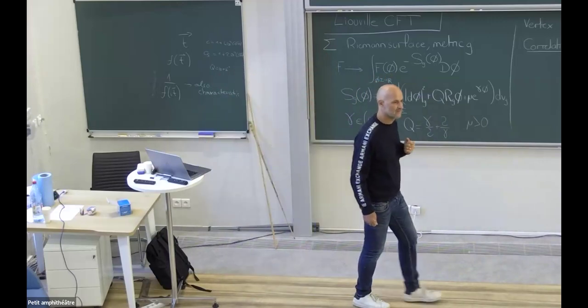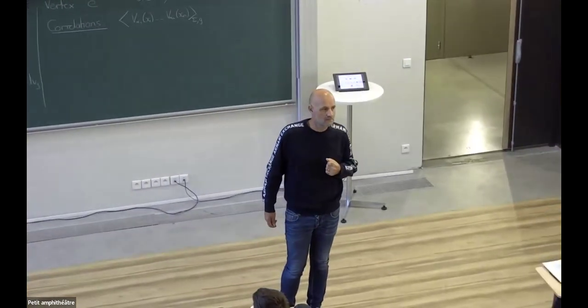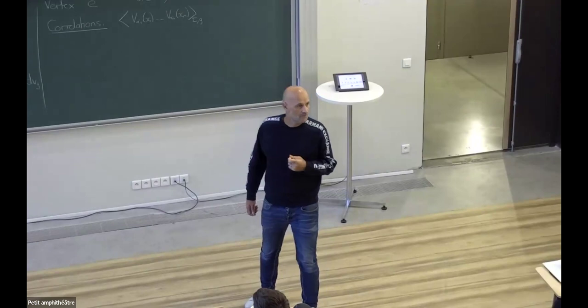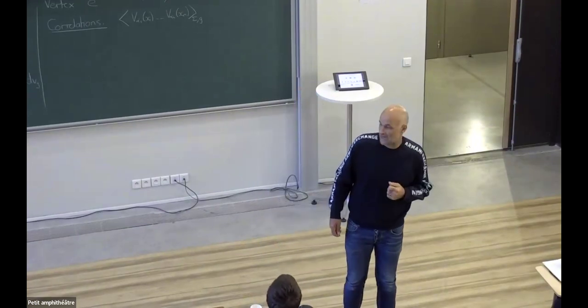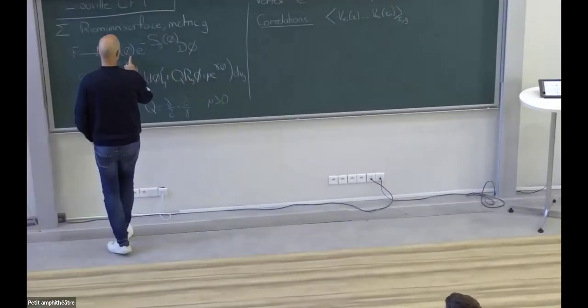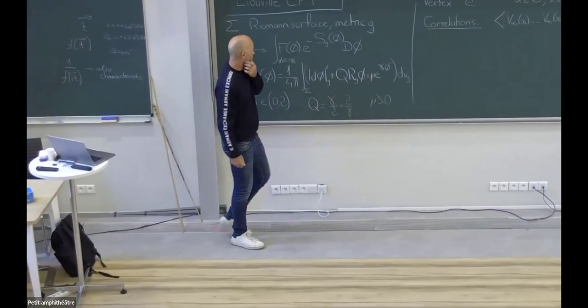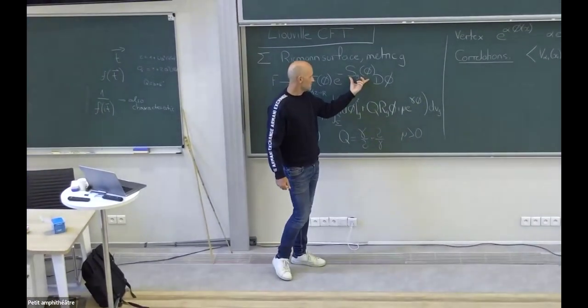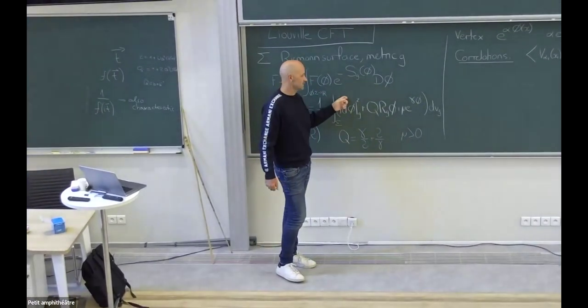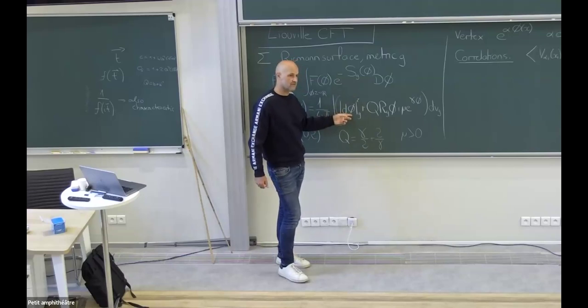Can you involve derivatives of phi in this big F expression? Well, you can take any functional of phi here, you just evaluate it. But the action has to be local, meaning it can involve derivatives of phi, but only finitely many of them.